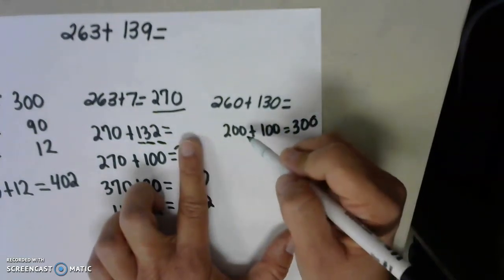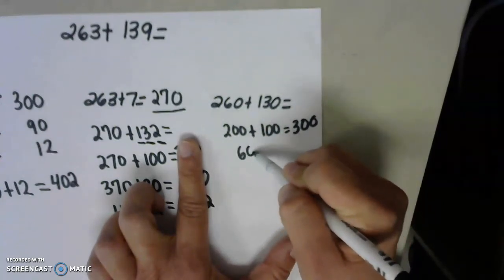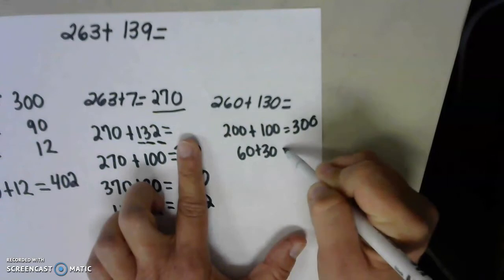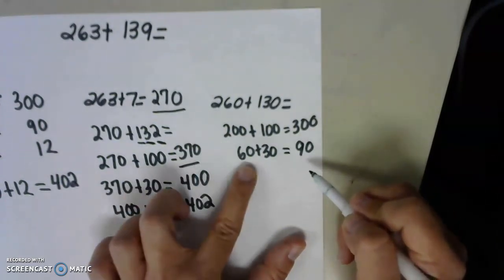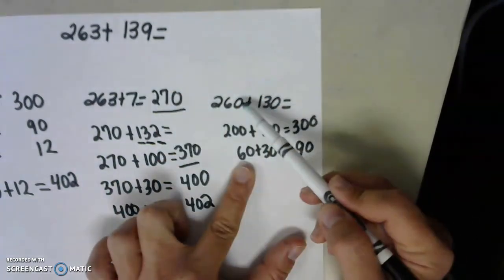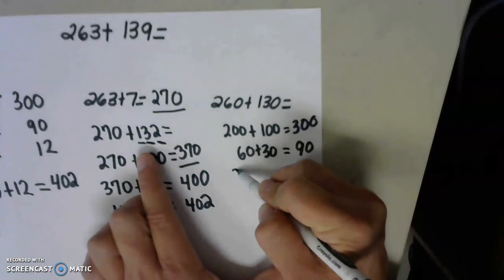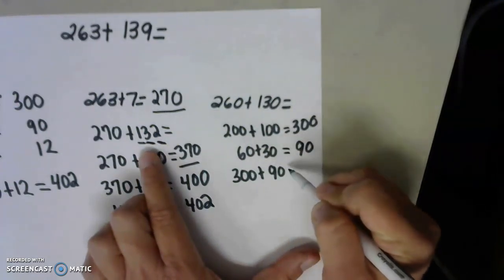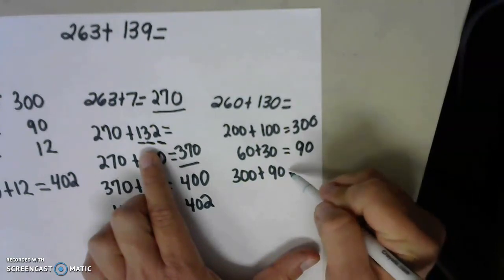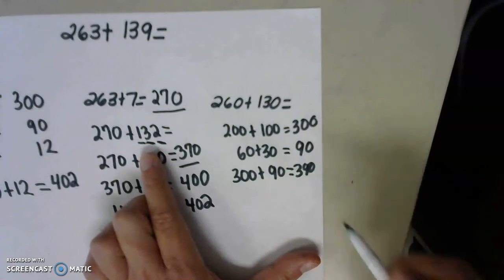Okay, then I'm going to go ahead and combine the 60 plus 30 equals 90. And that was for my tens place. 60 plus 30. And I'm going to combine 300 plus 90, which equals 390.